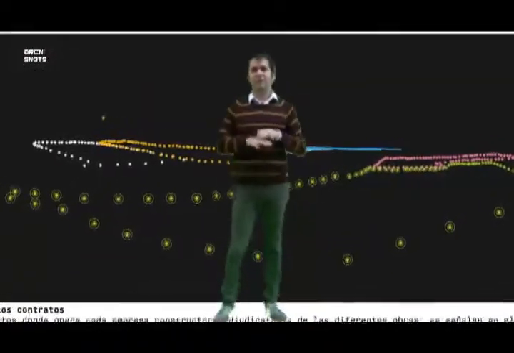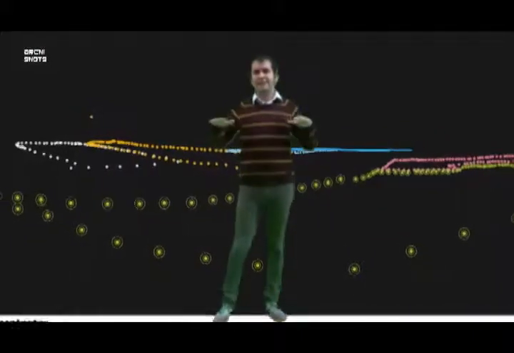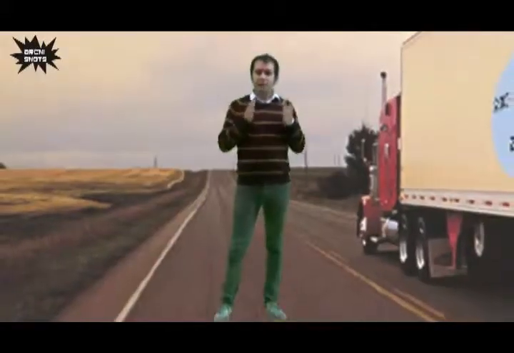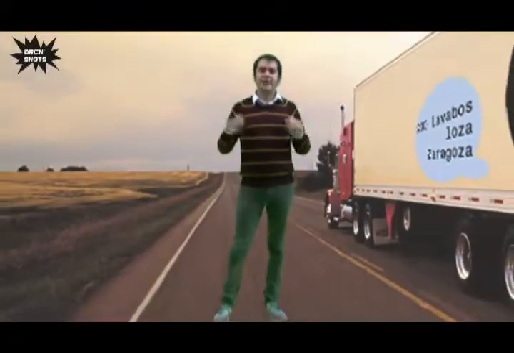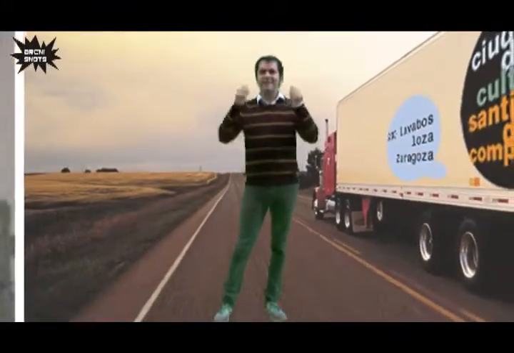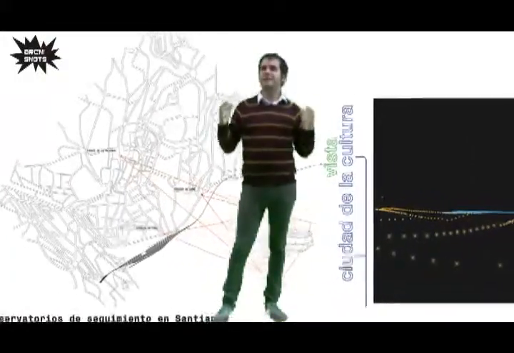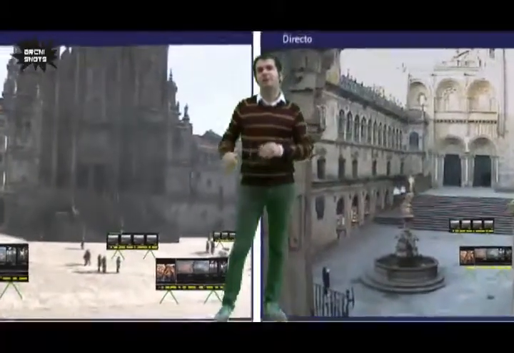Also, we thought it was very important to make it visible what was the real extent in territory of this building process. So every single truck that came and left the building site was signed with big stickers. So the real extent of the building site could become visible and a matter to talk about and to evaluate.